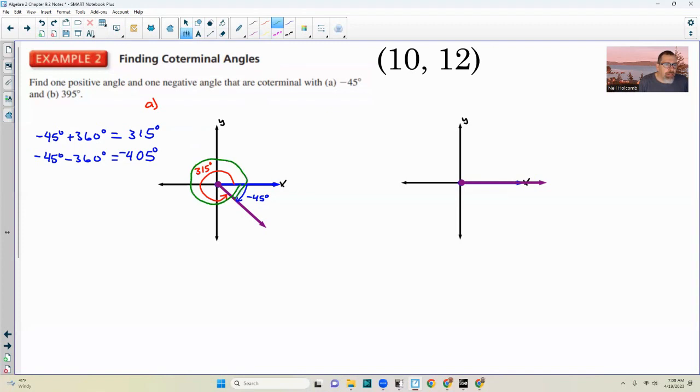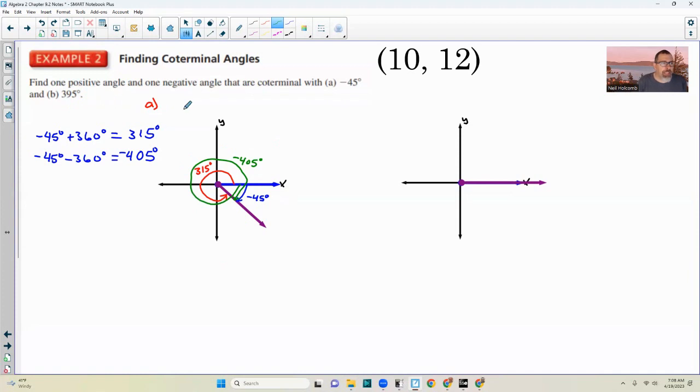And then I'm going to continue on my second rotation and end up at negative 405 degrees. 360 plus another negative 45 is going to give me negative 405 degrees. Okay, so there's 1 positive coterminal angle and the green negative coterminal angle where I went down 45 degrees, or I should say clockwise 45 degrees, and then an additional 360. Okay, so those are coterminal angles.